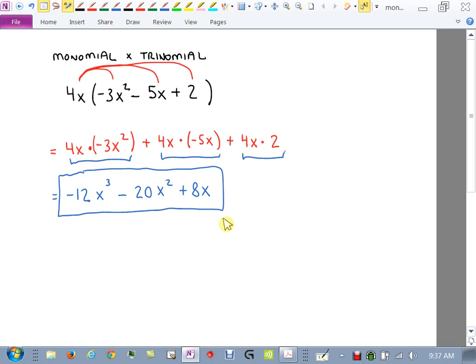All right, let's try the next type of problem, which would be a binomial and a binomial. Why am I not doing a binomial and a monomial? Because we already did that, right? But we said monomial, binomial instead of binomial, monomial.